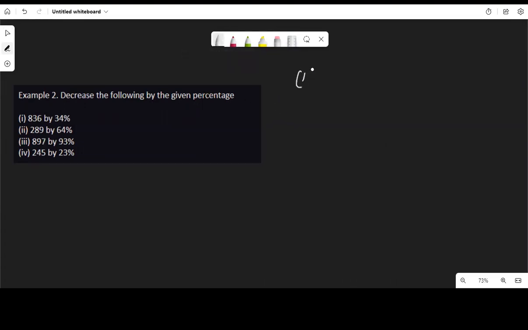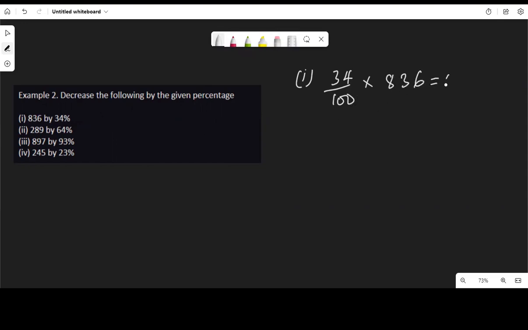For the first one, I'm going to calculate the percentage decrease separately and then subtract the value from this quantity here. So 34% is 34 over 100, then multiply by the quantity, which is 836.